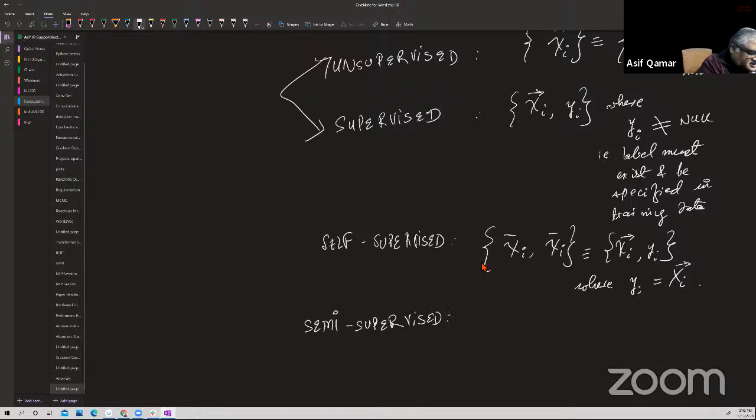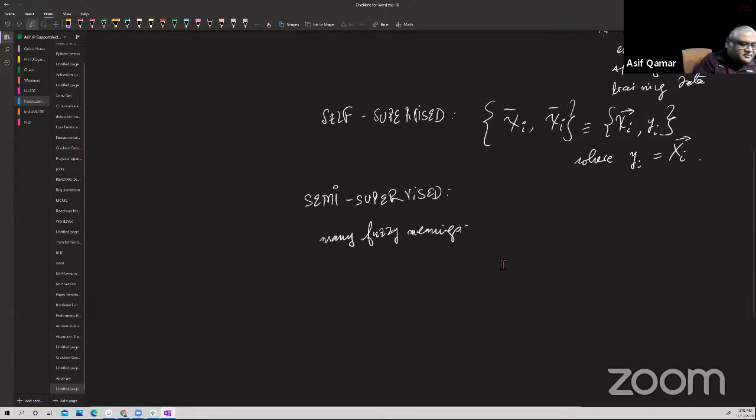In semi-supervised, many fuzzy meanings. For example, it may include any one of the following, including just the self-supervised itself. Some people don't use the word self-supervised and they will just use the word semi-supervised.